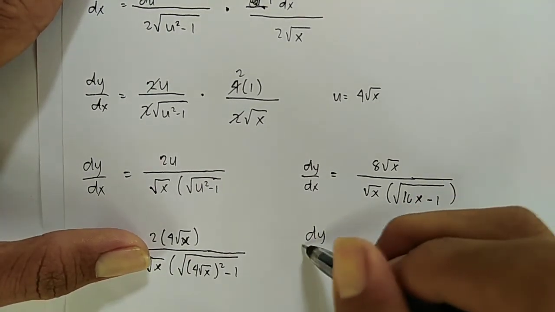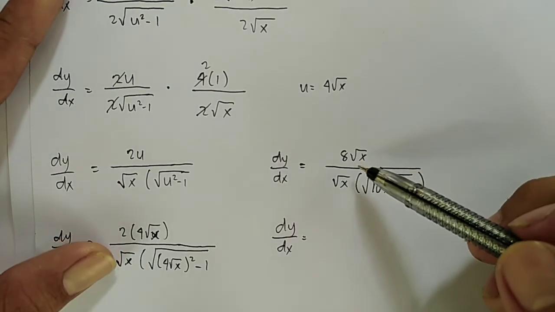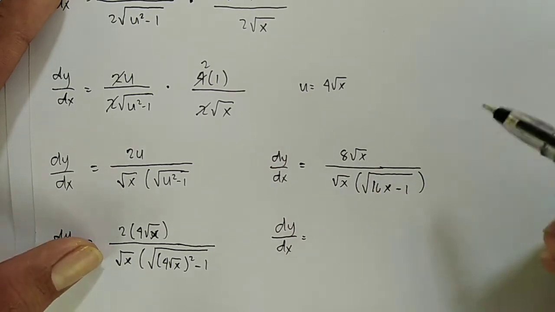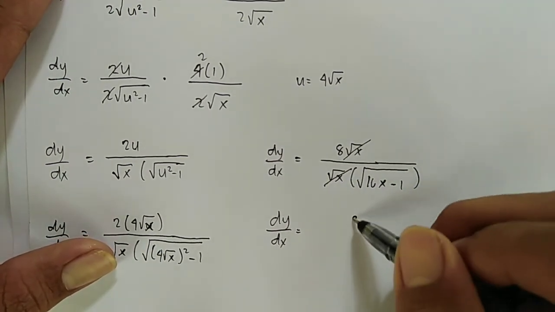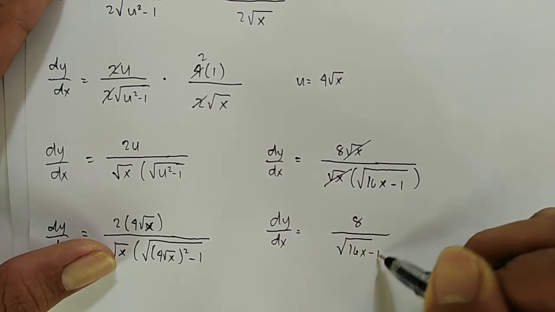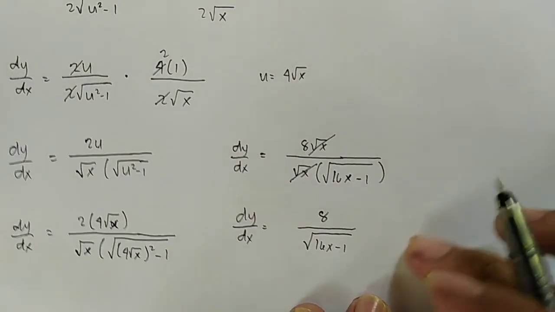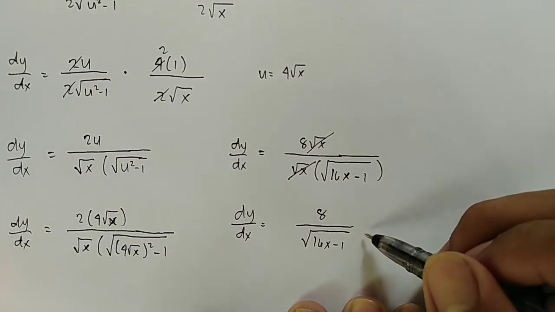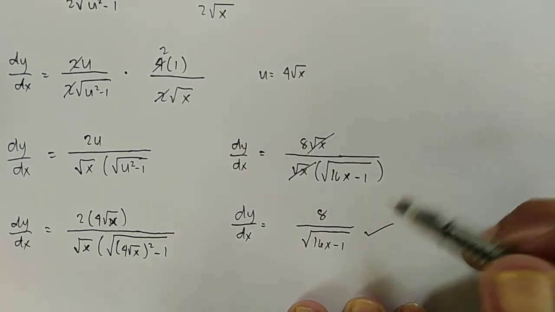So simplifying further, dy over dx is equal to, kung napapansin na may magkatulad tayong term sa numerator at sa denominator, pwede natin i-cancel out yung square root of x. So ang matitira na lang ay 8 all over square root of 16x minus 1. So since hindi na ito ma-simplify further, ibig sabihin ito na yung final answer natin, satisfying the given condition that the final answer should be expressed in terms of x.